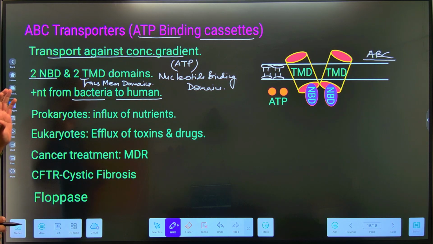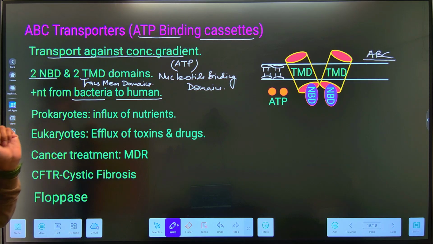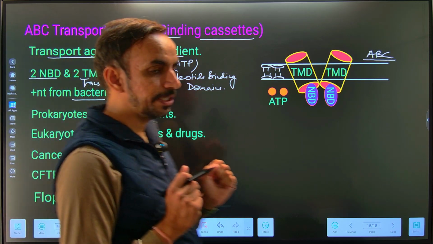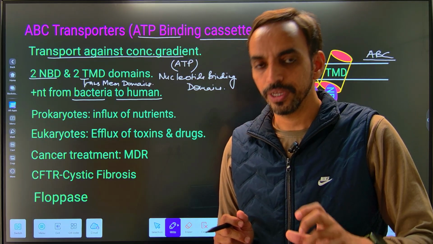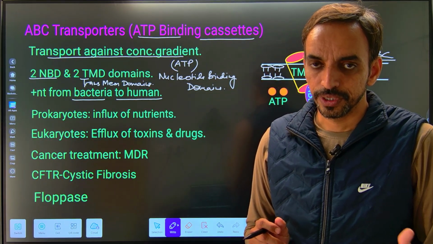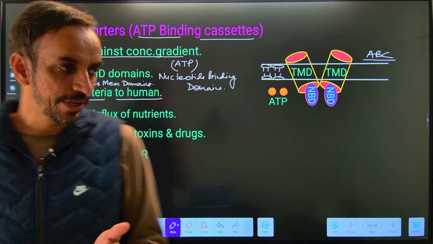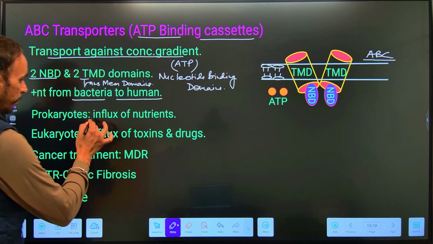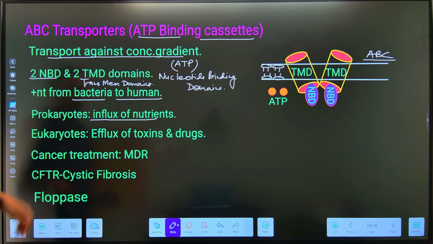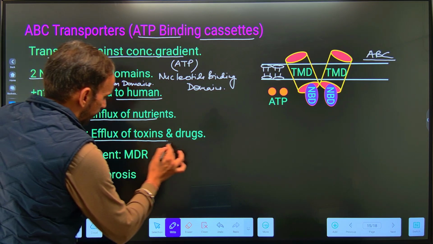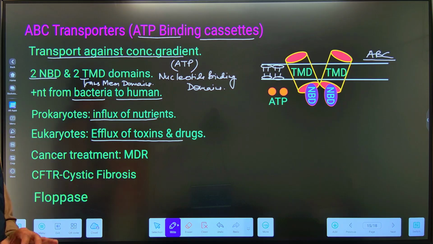So it is an ancient gene family or ancient class of transporters. Now these ABC transporters have different functions in prokaryotes and in eukaryotes. Prokaryotes are generally involved in the influx of nutrients, while eukaryotes are generally involved in the efflux of toxins and drugs.